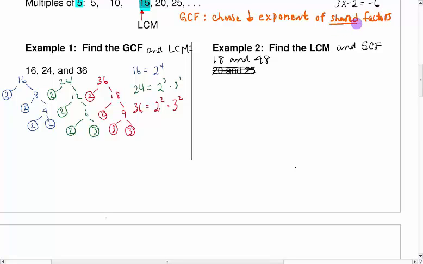That word shared is important because we're looking for a greatest common factor, common meaning it has to be common to all of them, so shared between all of them.